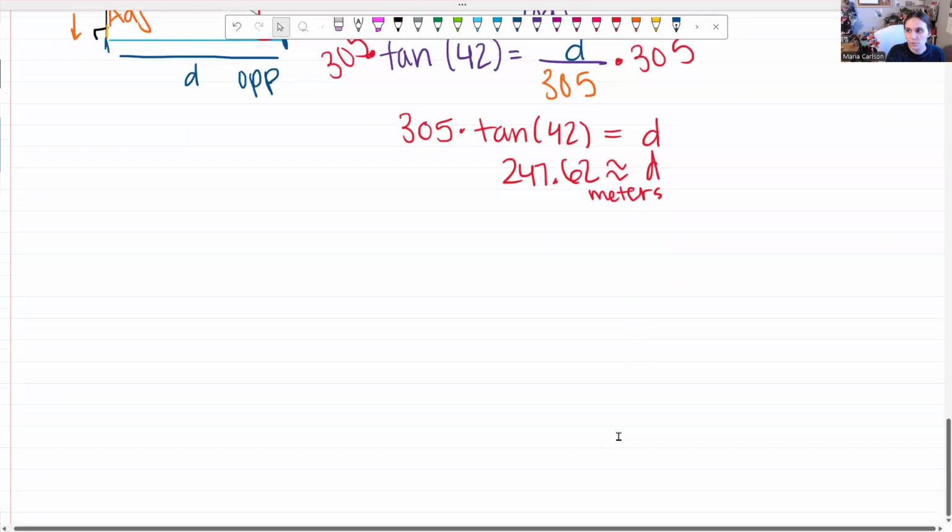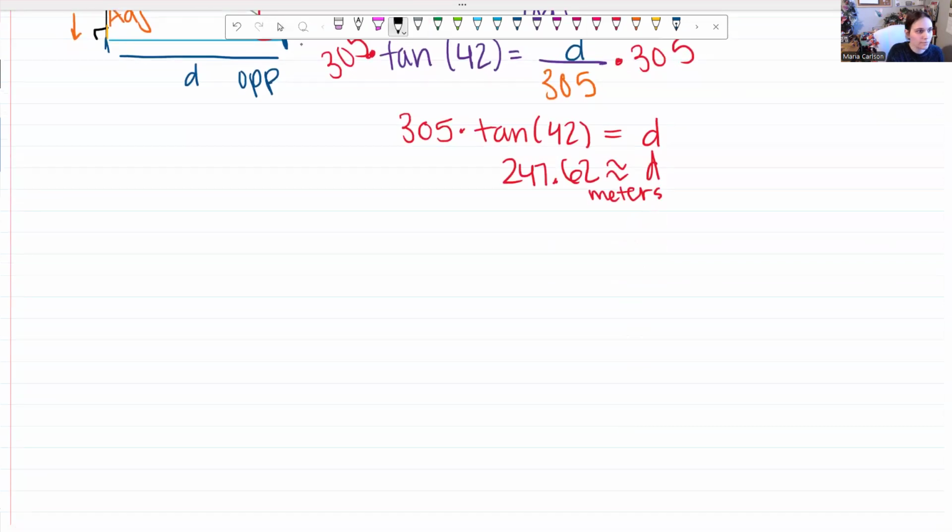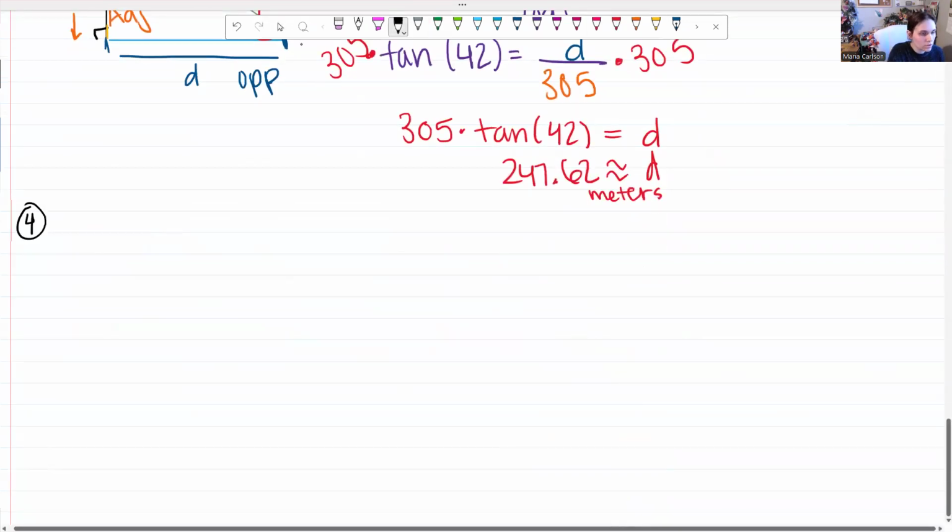We're going to do one more problem, number 4. Two players stand on a basketball court.